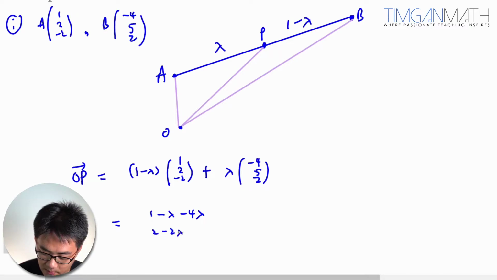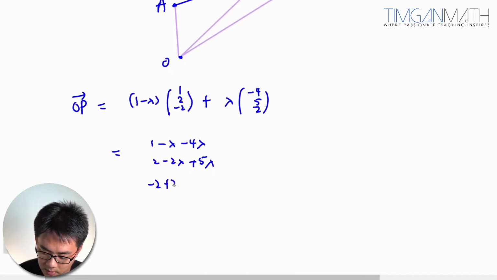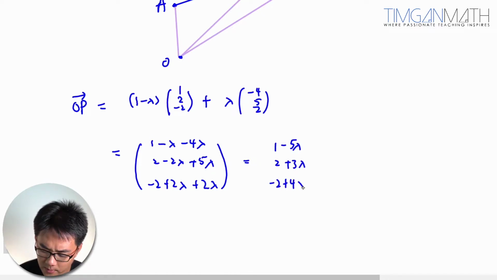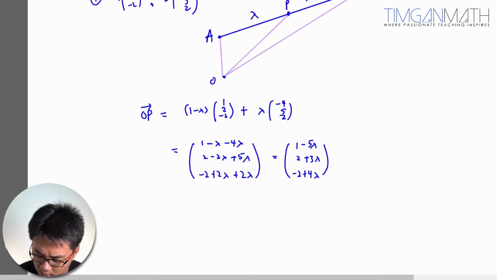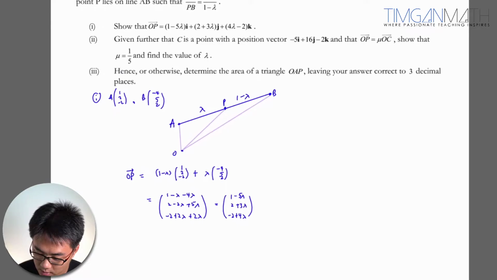Expand it, alright. And minus 2 plus 2 lambda plus 2 lambda. So in this case we will get 1 minus 5 lambda, 2 plus 3 lambda, and minus 2 plus 4 lambda. That's okay, I think. Hopefully that's the answer. Oh, okay, that's the answer. Given that, there you go.